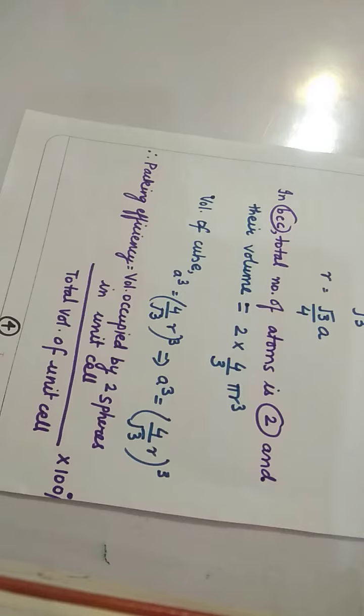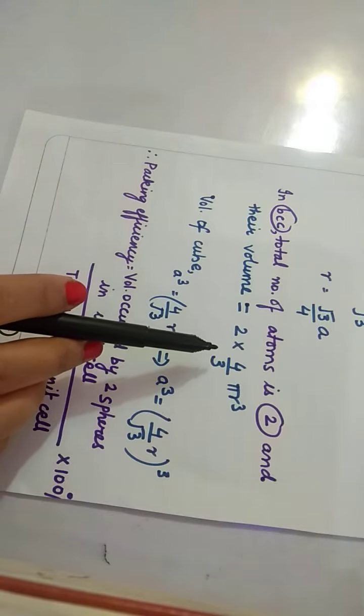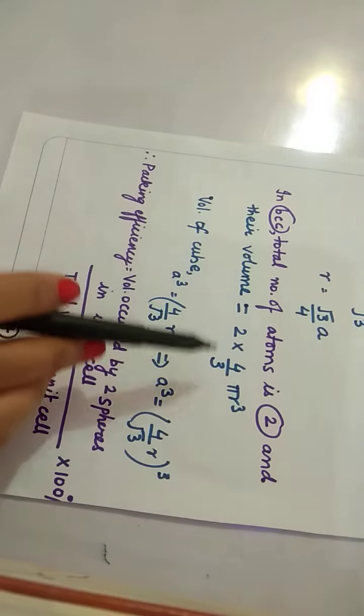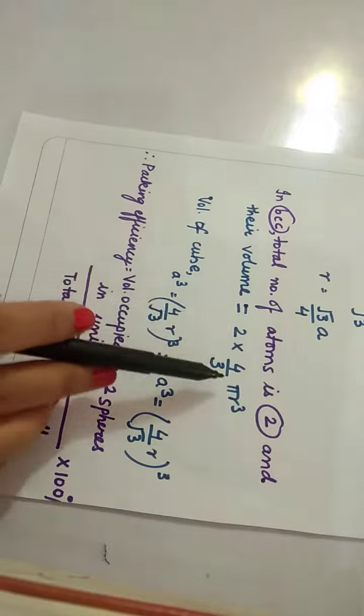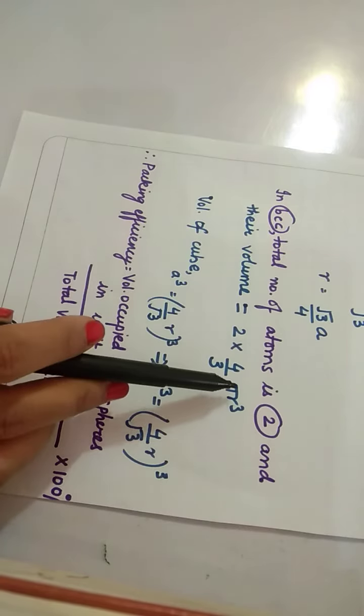So the volume, as the atoms are in the form of spheres. How many atoms? 2. So, total volume of the spheres, if the total number of atoms is 2, then the volume will be equals to 2 into 4 upon 3 pi r cube. 4 upon 3 pi r cube is the volume of the sphere.